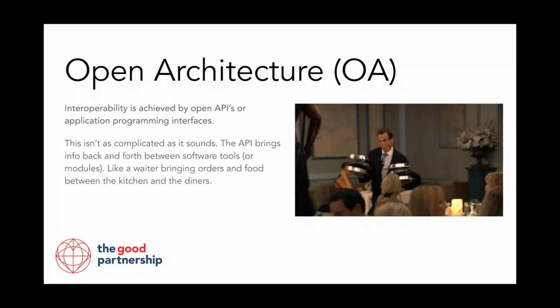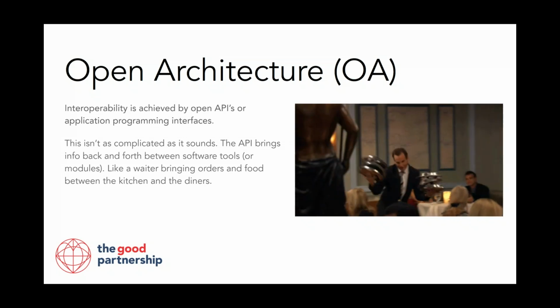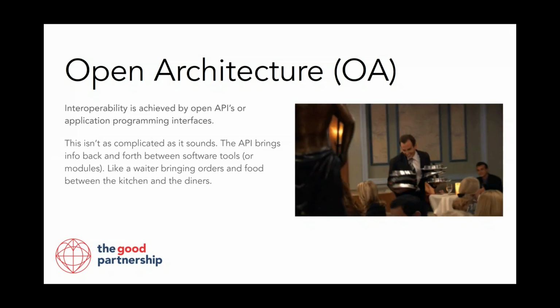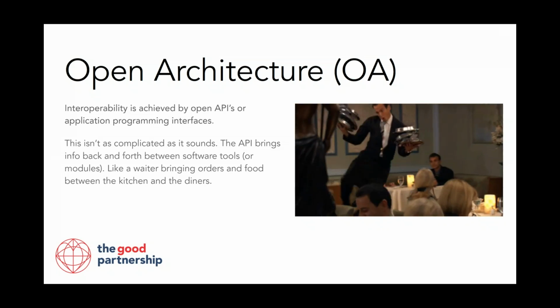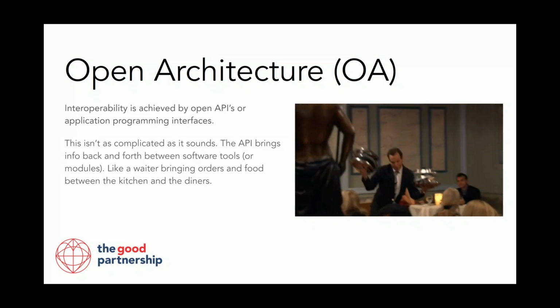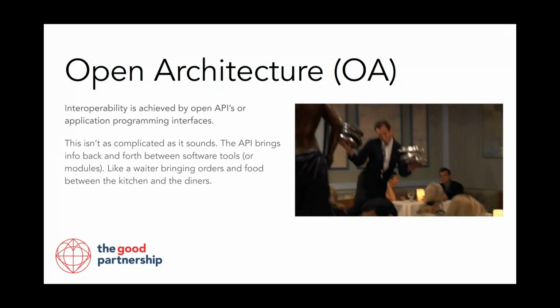Again, think of them as two pieces of the puzzle. Airbnb knows that their piece of the puzzle, which is the address of the unit, fits into the space left open by the open API in Google Maps, okay? You can also think of an API like a waiter bringing orders and food between the kitchen and the diners, right?